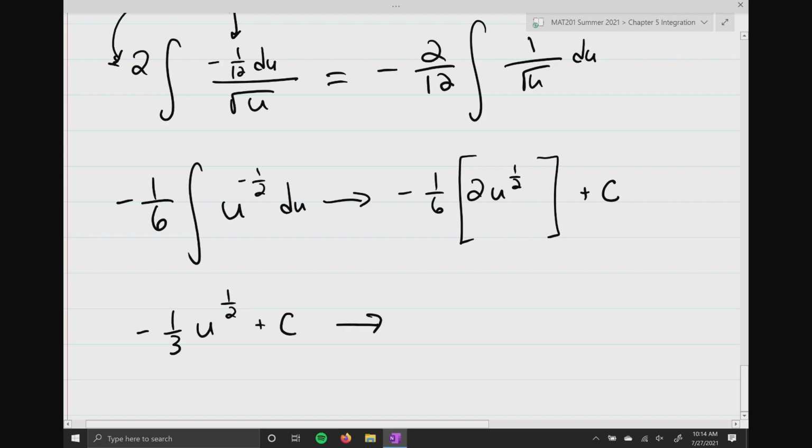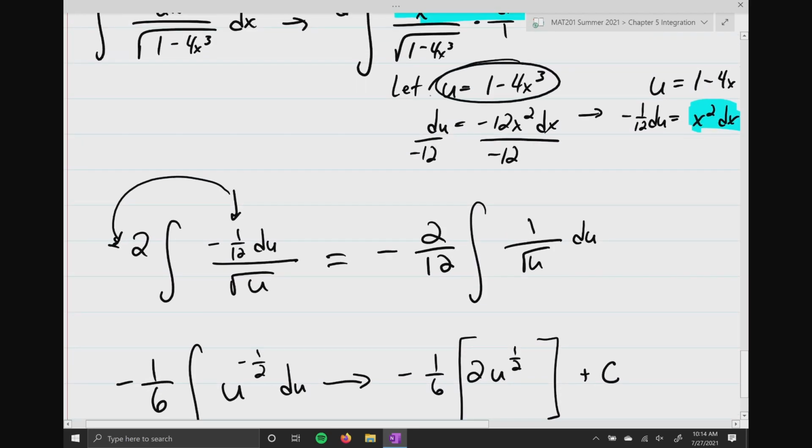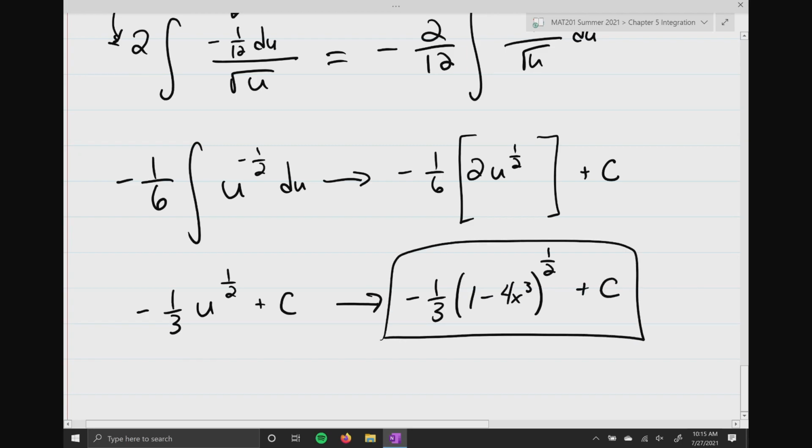And then our last move is to substitute in what we let u equal. Well, remember, we let u equal 1 minus 4x cubed. So this is going to be negative 1/3 times the quantity of 1 minus 4x cubed, all raised to the 1/2 power, plus c, and there is our solution.